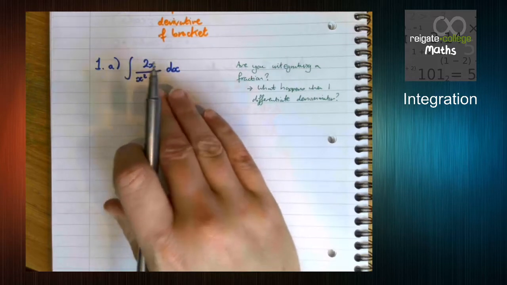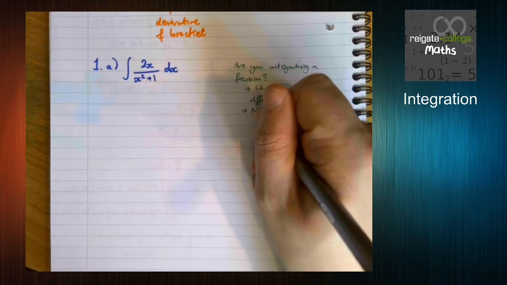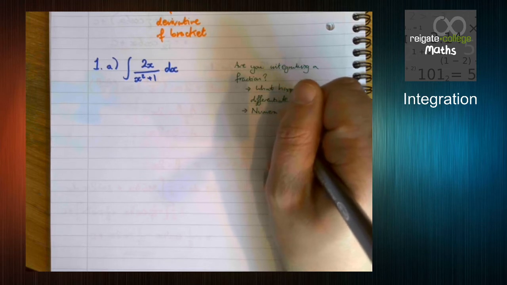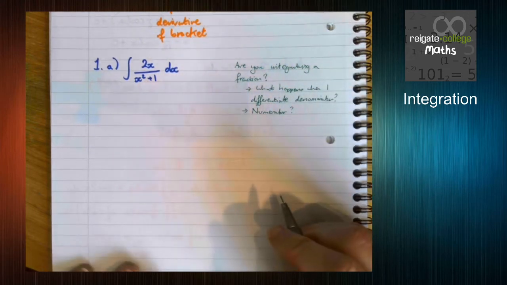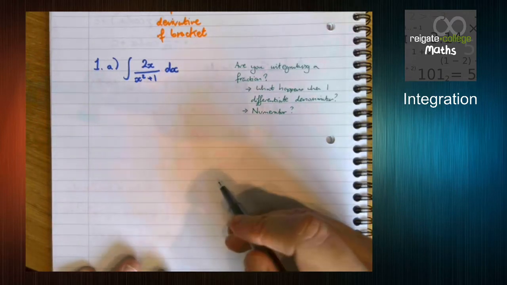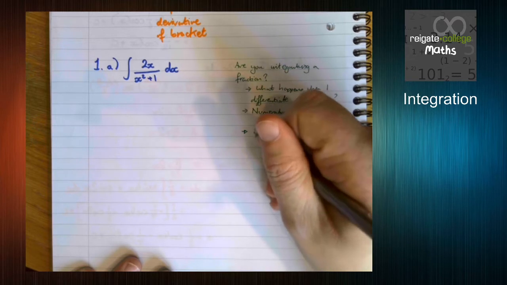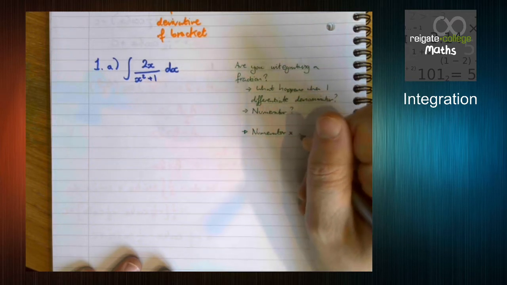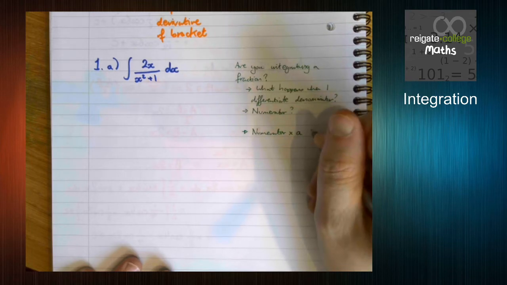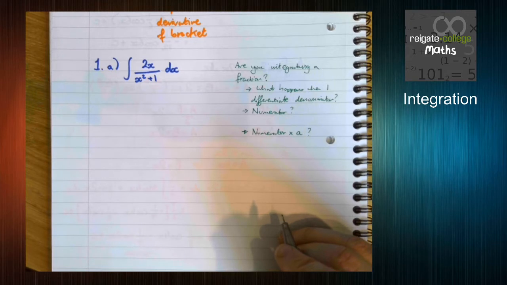Okay, so what happens when I differentiate the denominator? If, in this case, we get the numerator, then we can do this method. If we get numerator times by a number, then we can do something similar to this method that we'll look at in a later example.